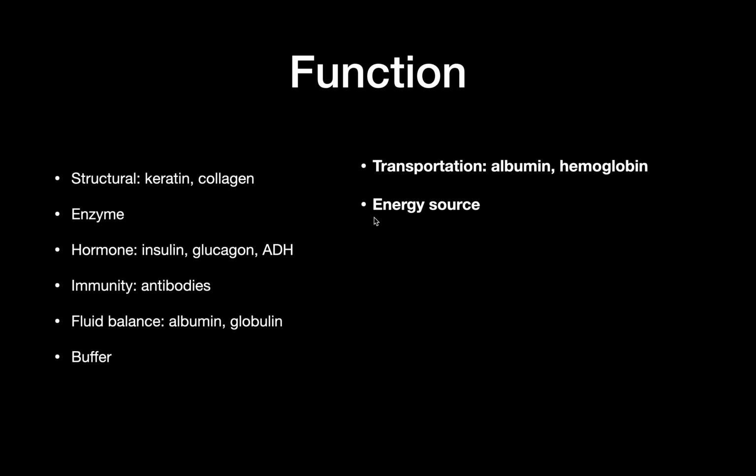To go a little bit further with the energy source, this is fairly rare, and it doesn't happen unless you are very, very sick or very malnourished. The body can catabolize our own proteins in order to provide some energy, but that's not very desirable because when you start catabolizing your own proteins, you develop muscle wasting, muscle atrophy.